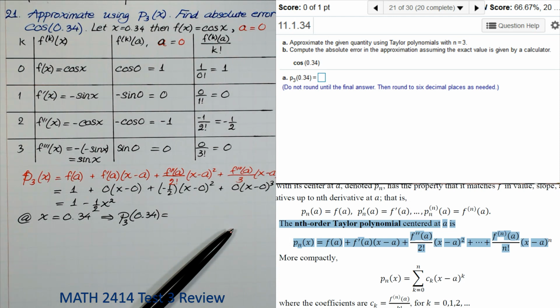0.34 down to x. 1 minus 1 over 2 is 0.5 x squared. 6 decimal places, really.